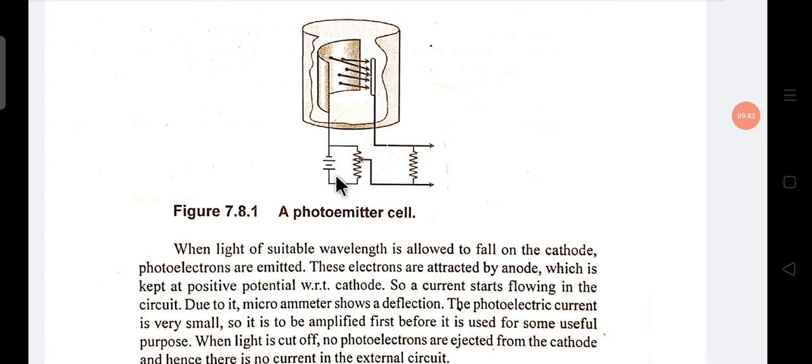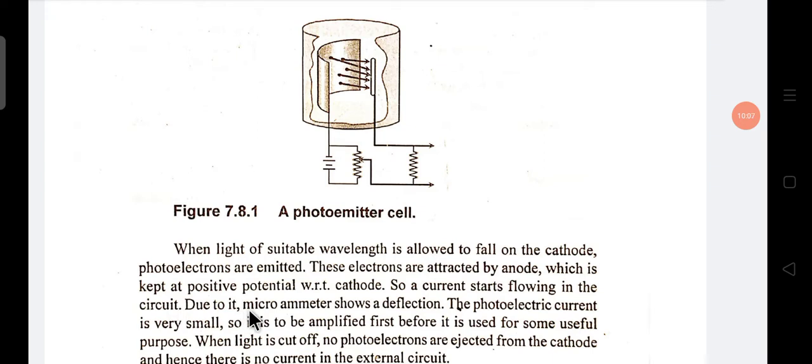The anode is connected to a positive potential. So this is positive and this is negative, and electrons are attracted towards the positive end, which is the anode. These electrons are attracted by the anode, which is kept at a positive potential with respect to the cathode, so a current starts flowing in the circuit.